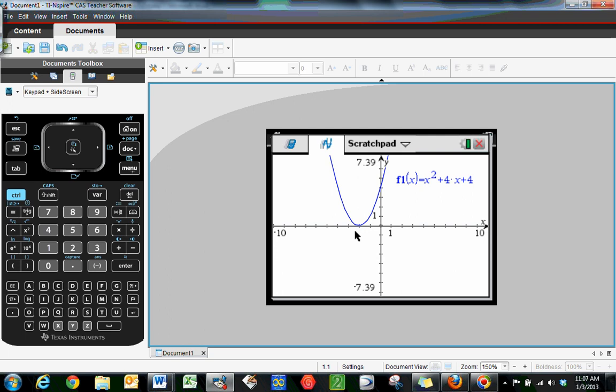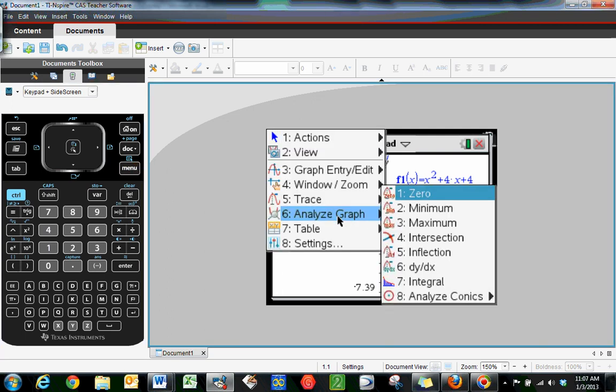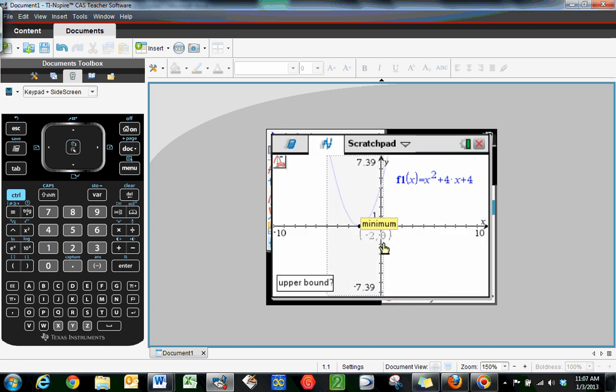Now let me show you another function you can use. You can go to analyze graph and choose a minimum or a maximum, and this is going to tell us what our vertex is. You can see that our vertex, the minimum value on the parabola, is at -2, 0, and that is where it only hits the x-axis.